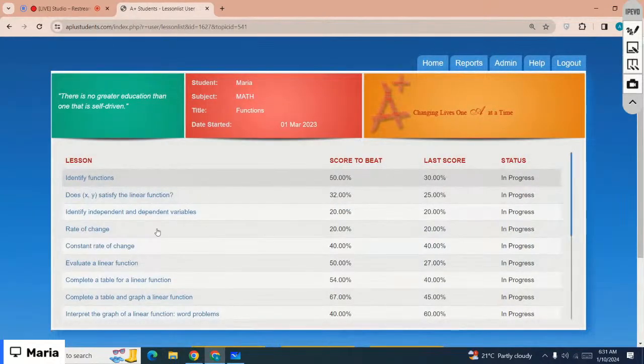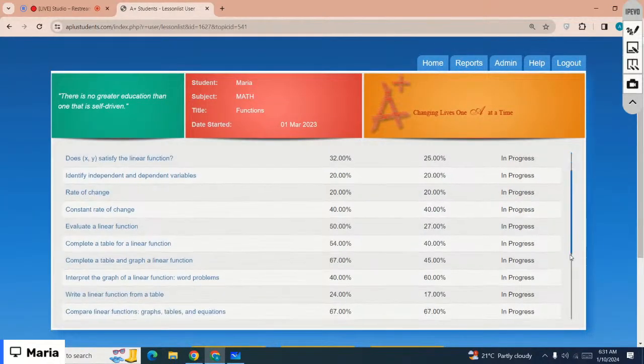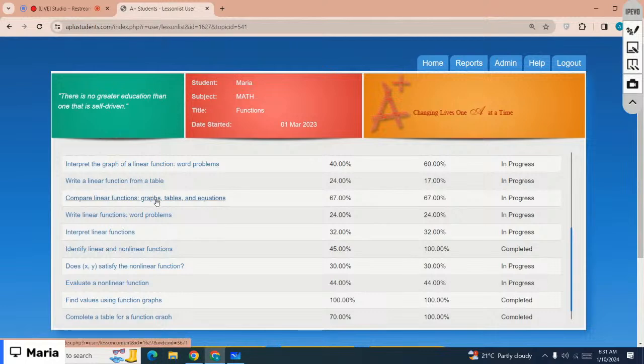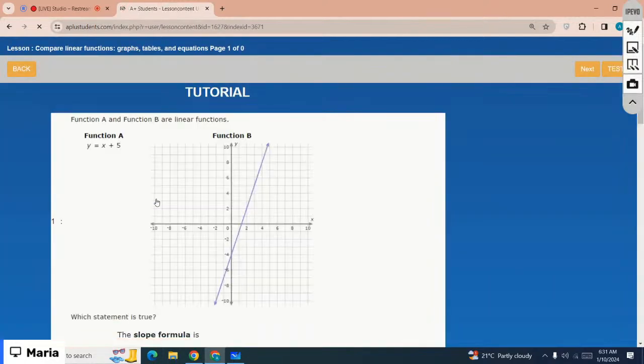And the next lesson is compare linear functions, graphs, tables, and equations. Okay, function A and function B are linear functions.